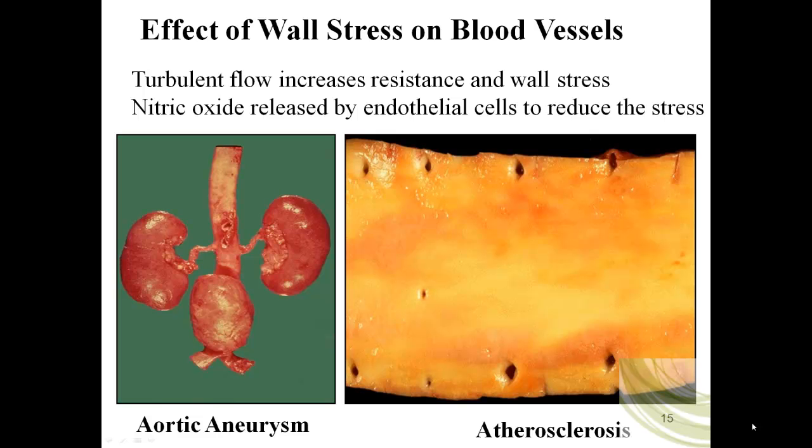And you can see the white streaky plaques inside the vessel wall. This is something that we obviously don't want to happen, so it's very important that laminar flow be the primary way that blood flows through blood vessels.